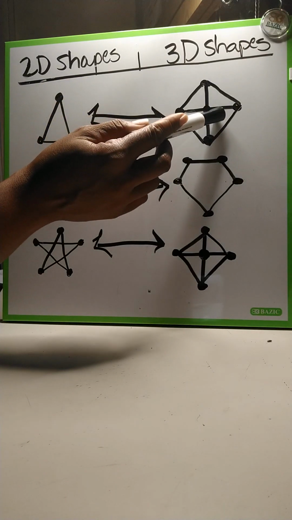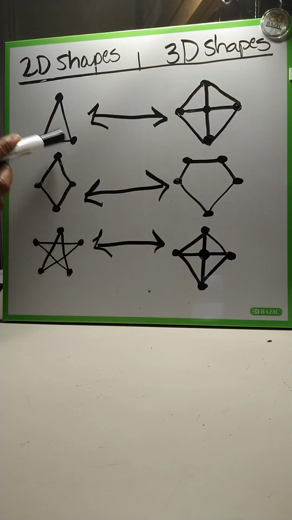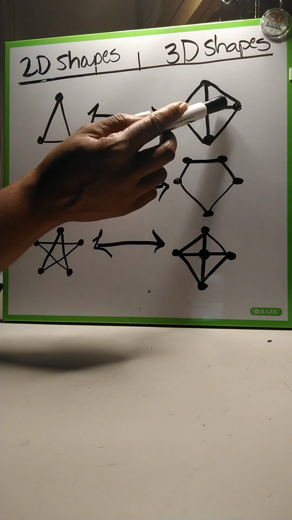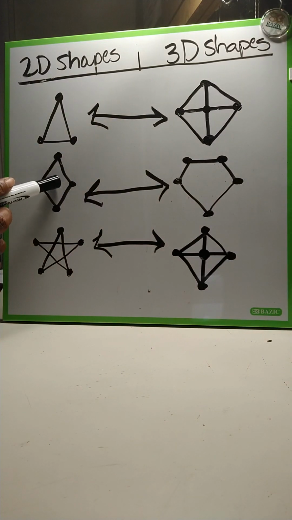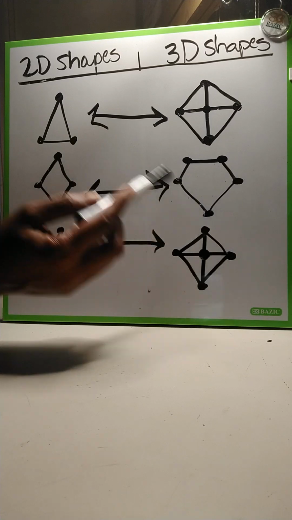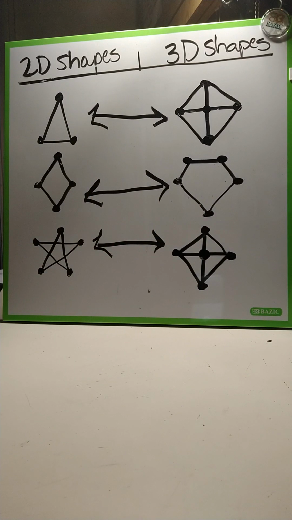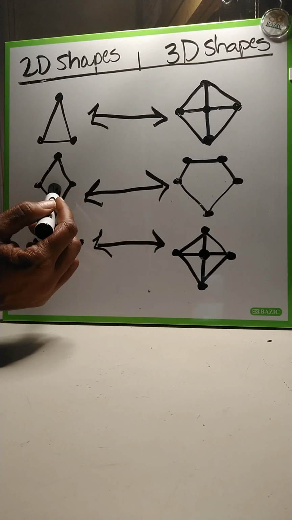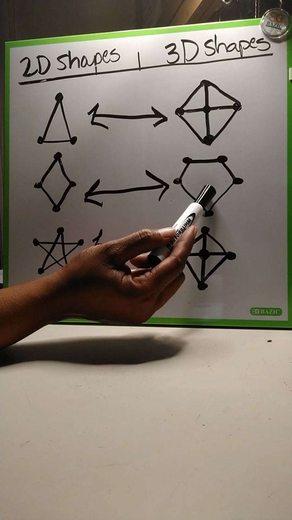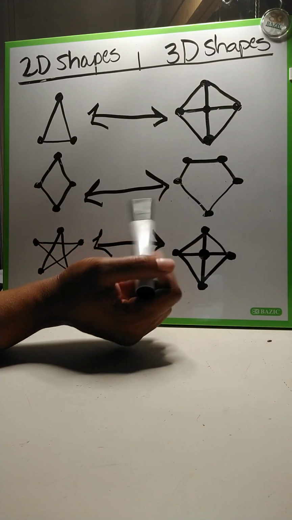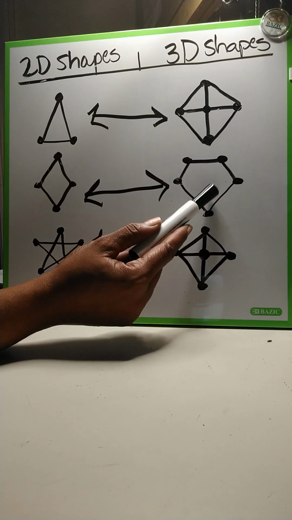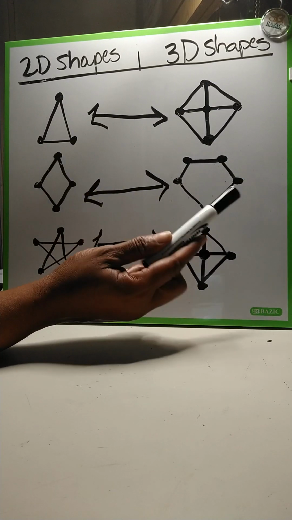The 5th point is shown here with this triangle because this triangle's top point is at the top. On a diamond, the 5th point is at the bottom. This is what a diamond looks like from a top view or a 3D view. That's what it look like.